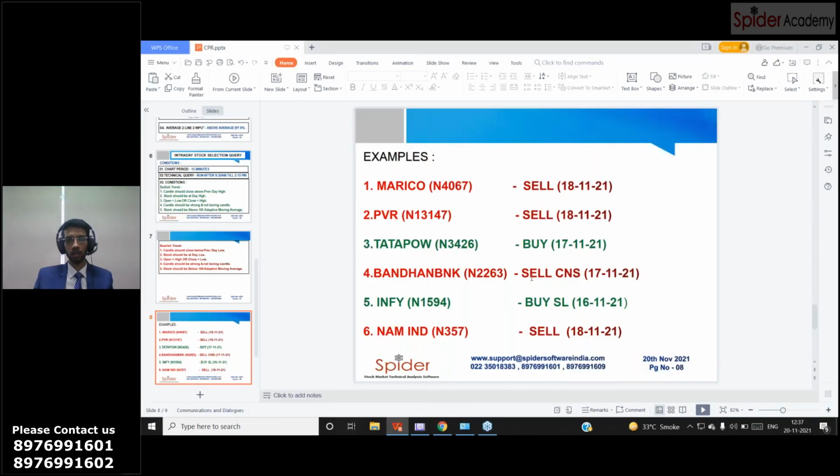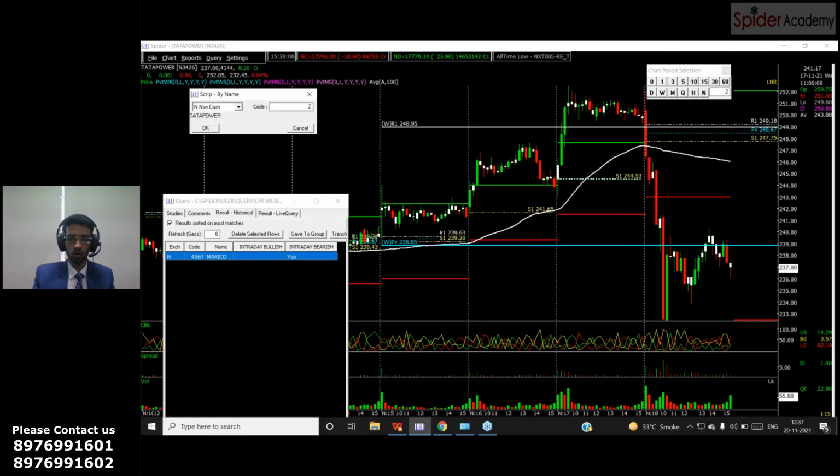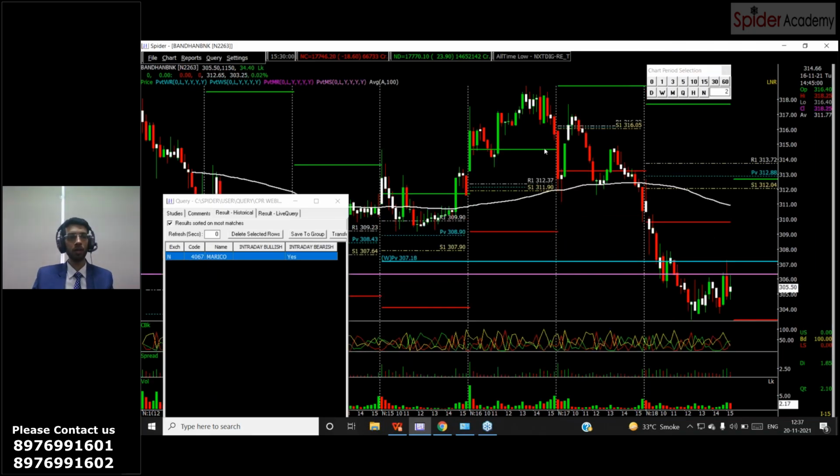Now the Bandhan Bank. You can see in Bandhan Bank, I have written sell CNS, which means condition not satisfied. Okay, so this is the Bandhan Bank.